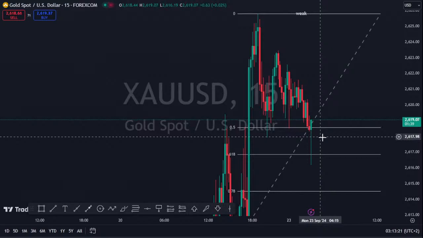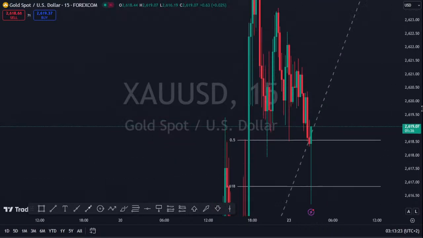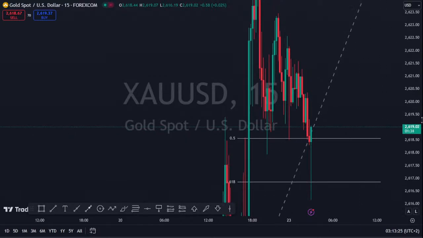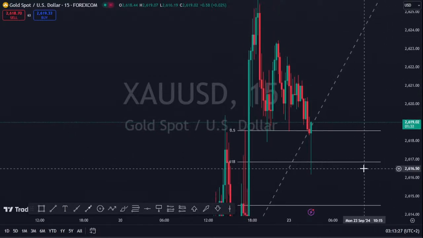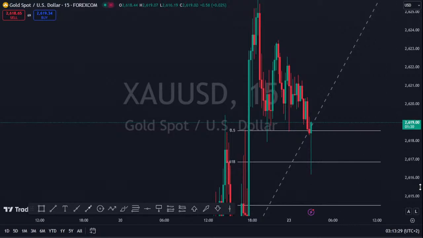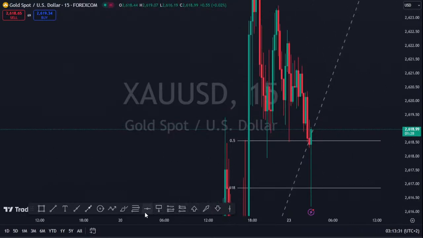We have 1 minute left. We only have 1 minute left.